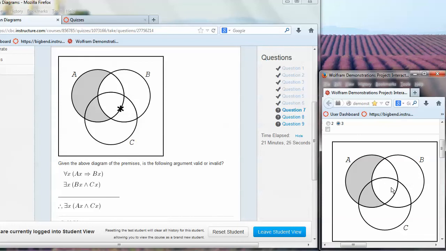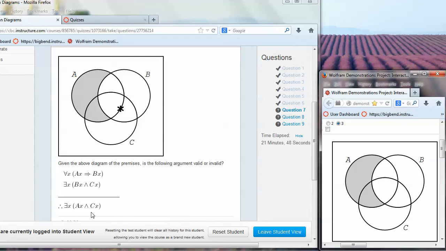Well, that's these two regions here. That's the overlap between the B circle and the C circle. So the star has to go in one of those two, but we don't know which one. So again, when we have a situation like that, we just go ahead and put the star on the borderline to show that it's in one of those two regions, but we don't know which. So it looks like the diagram does represent what the premises say.